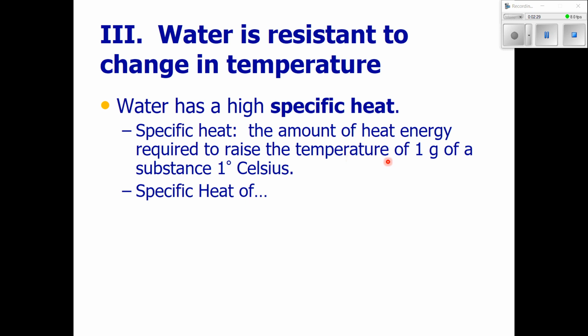Now that's a tiny amount. 1 degree Celsius. So if you have 1 gram of water, 1 gram of alcohol, 1 gram of sand, 1 gram of meatloaf, whatever it is, the specific heat is the amount of heat energy required to raise the temperature by 1 degree Celsius.